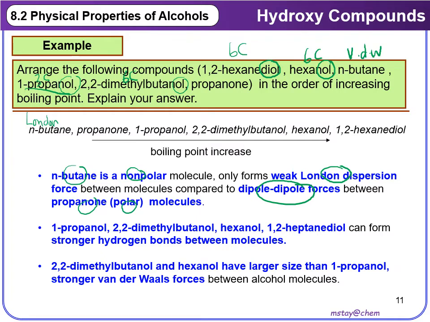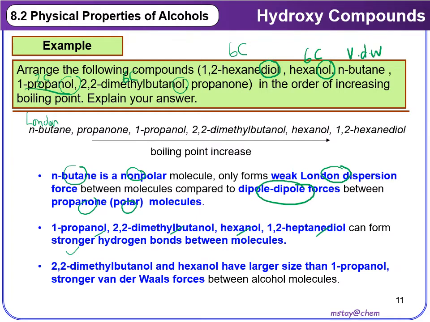So all these are alcohols. The 1-propanol, 2,2-dimethyl-butanol, and hexanol only consist of 1 hydroxyl group, so we compare between these 3 first, while 1,2-hexanediol can form stronger hydrogen bonds.